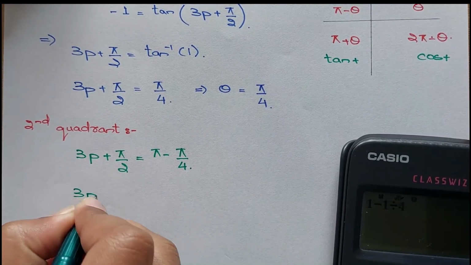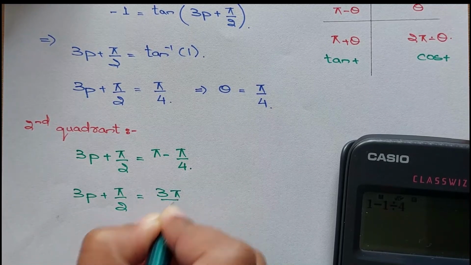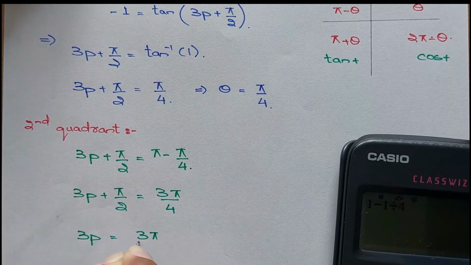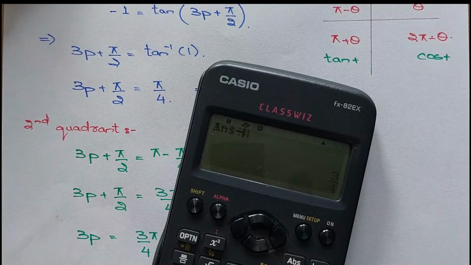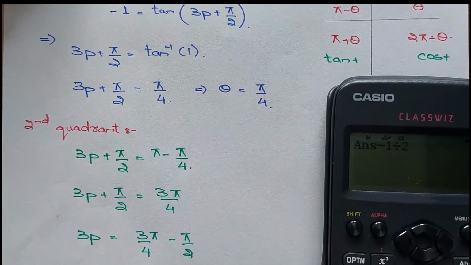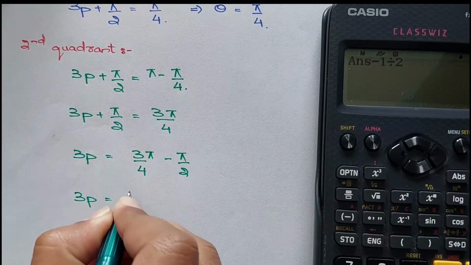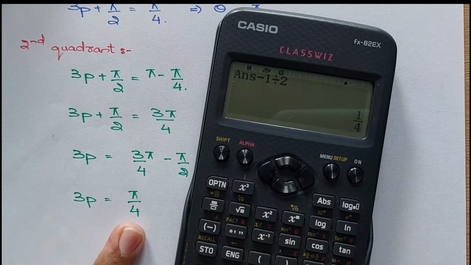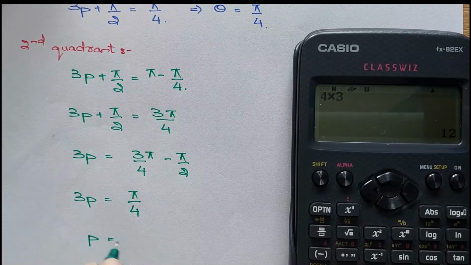So 3p plus pi by 2 is 3 pi by 4. And then 3p is equal to 3 pi by 4 minus pi by 2. 3 by 4 minus 1 by 2 is 1 by 4. So here we have 3p is equal to pi by 4. And then this is multiplying, now dividing: 4 times 3 is 12. So the p value is pi by 12.